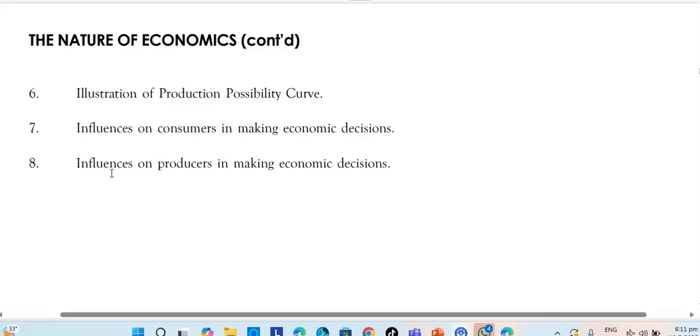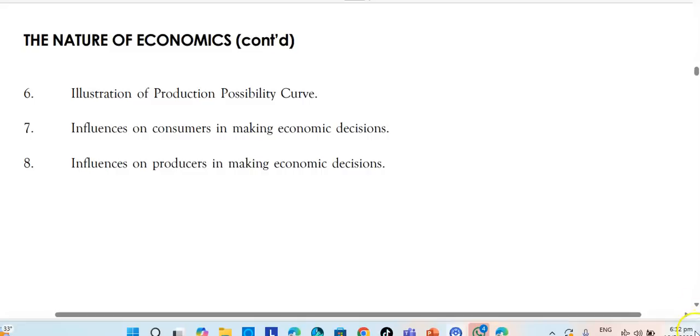I might just give you the others and you just decide to do your research on them. So you could look at competition, government regulations and taxes, availability of resources, and technology as influences on producers in making economic decisions. All right, so we are going down nicely.